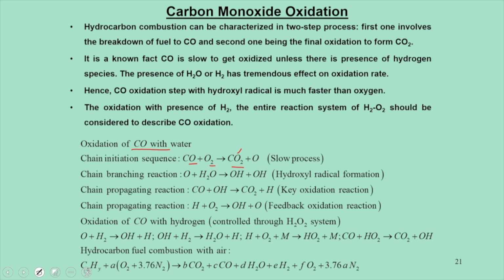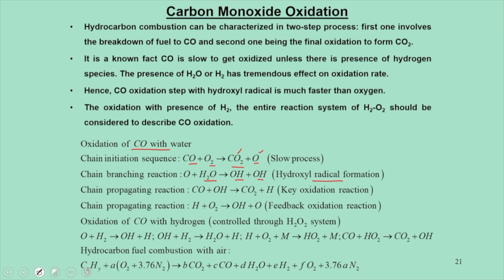CO2 forms and can give O. This is what we call the chain initiation sequence. It starts, then when there is an O, it sees H2O and can form two OH. This is called hydroxyl radical formation.